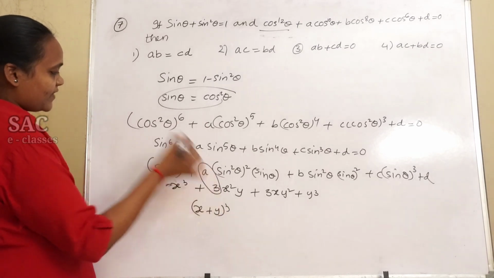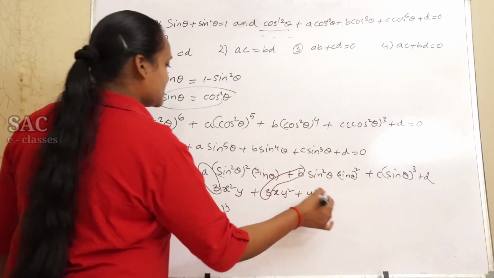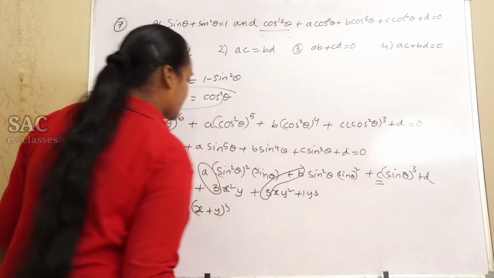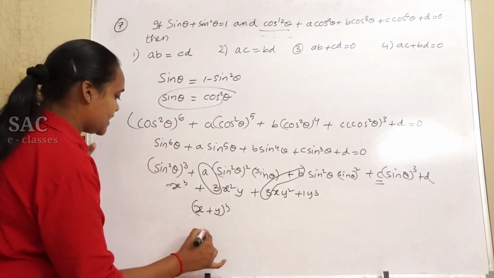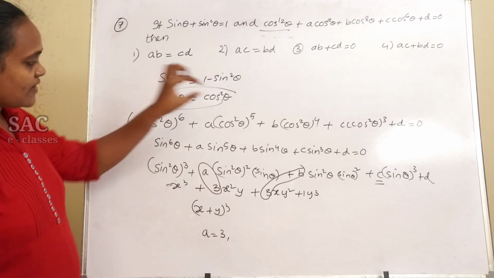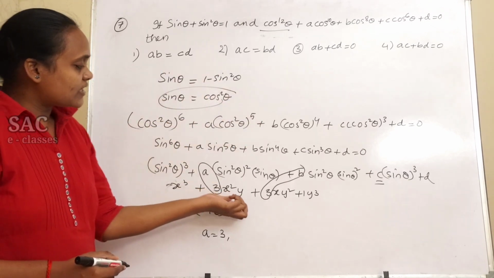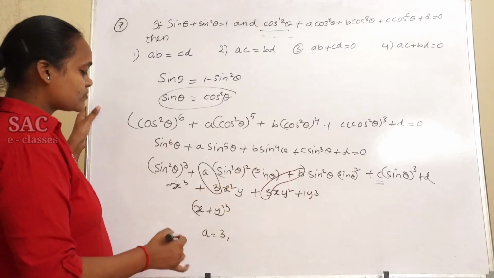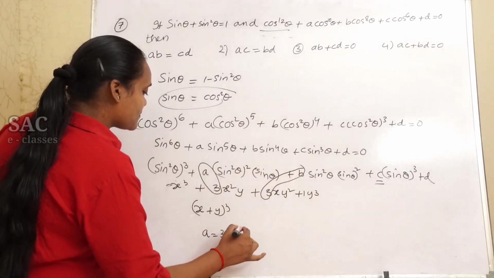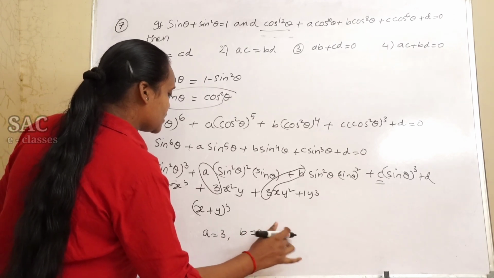Clearly a value is 3, b value is 3, c value is 1. So I can write that a value is 3 because it must be a perfect cube. Perfect cube means in their expansion 3, 3, 1 should be there. So a value is 3, b value is 3, c value is 1.